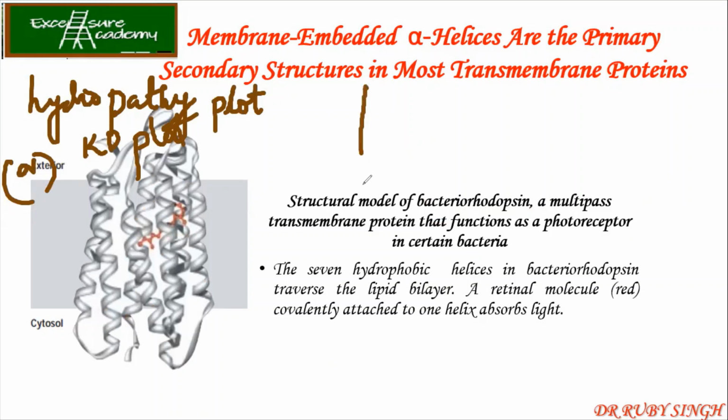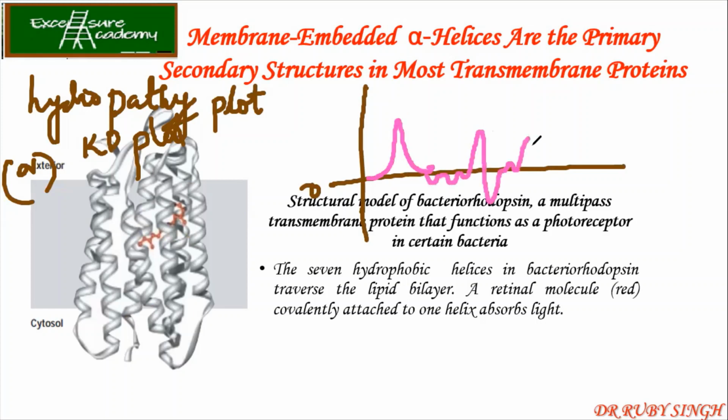So what this plot does is, you will have this kind of plot. This is 0. Now, if you see a graph something like this, suppose you see this.